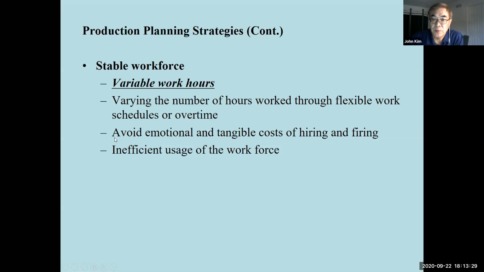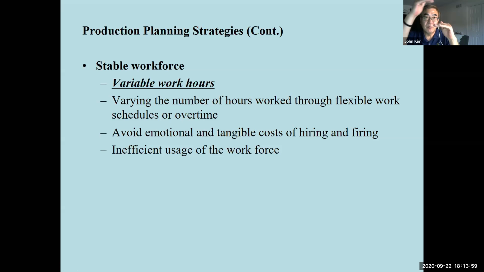The advantage is avoiding the emotional and tangible cost of hiring and firing. So just maintain workforce size, so their job is secure. But there is inefficient usage of the workforce. If the capacity is here, but demand is more than this, then they use overtime.